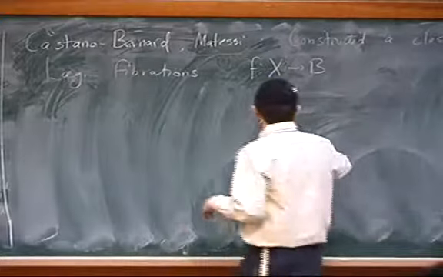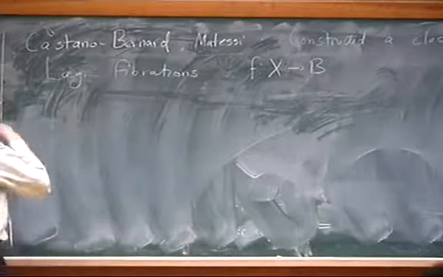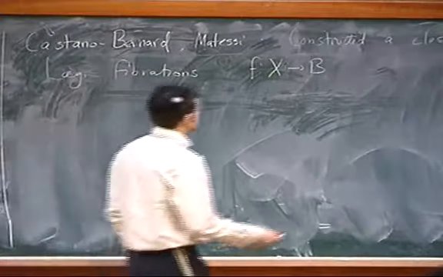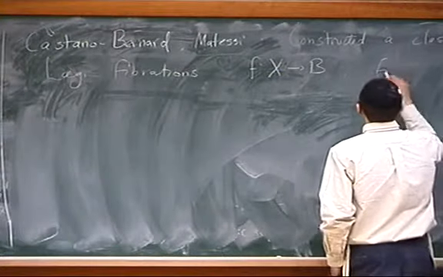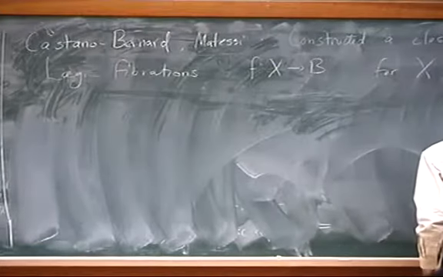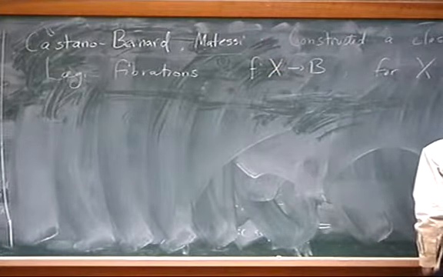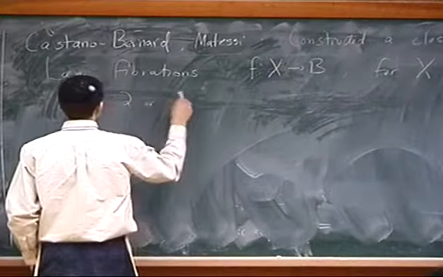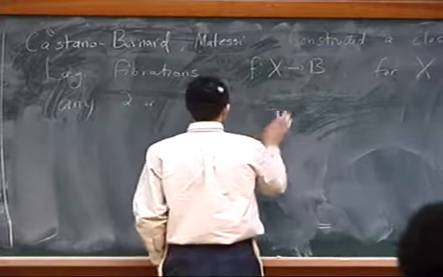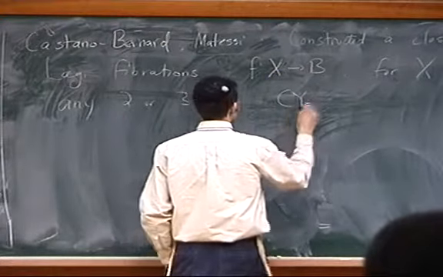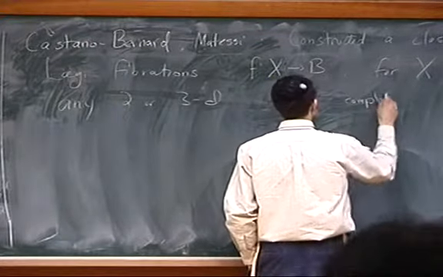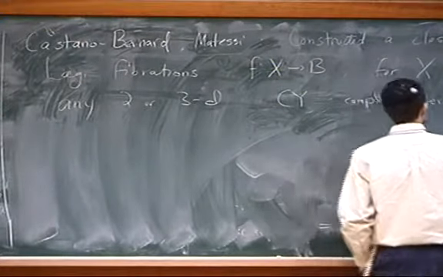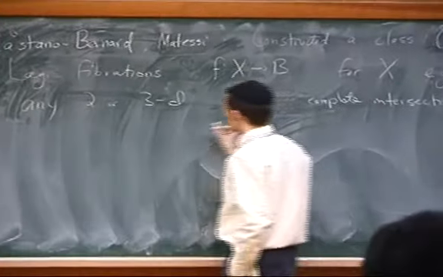They constructed a class C of Lagrangian fibrations F. So for X, for example, any 2 or 3 dimensional Calabi-Yau complete intersection in a toric variety.